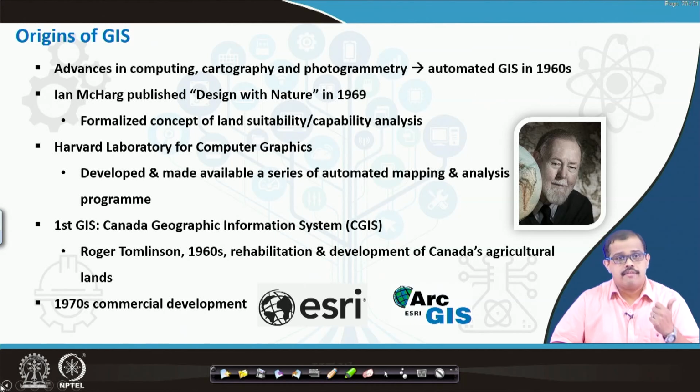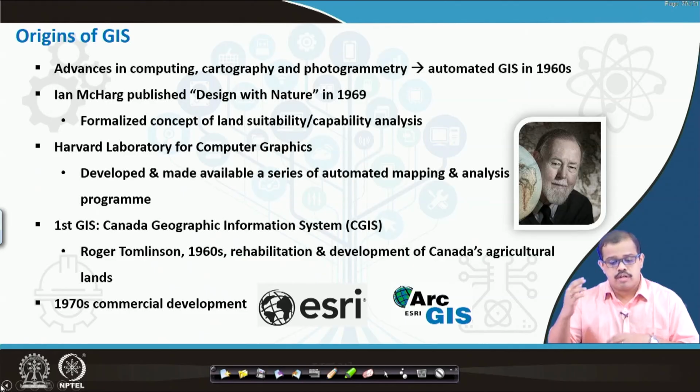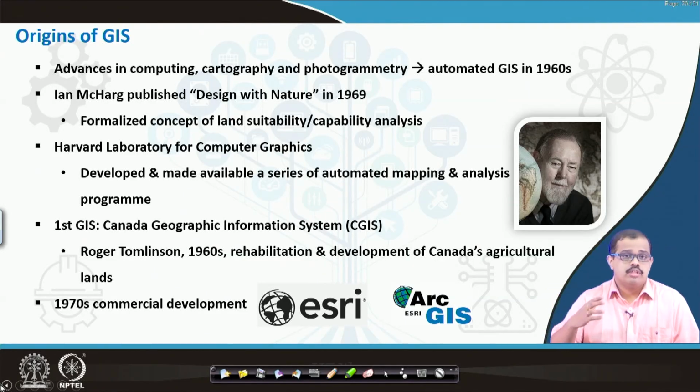But it was afterwards the Harvard Laboratory for Computer Graphics which developed and made available a series of automated mapping and analysis programs. During that time it was only for mapping, so they built automated mapping systems, solutions and softwares for mapping analysis programs. This was the first baby step where GIS was really progressing well.